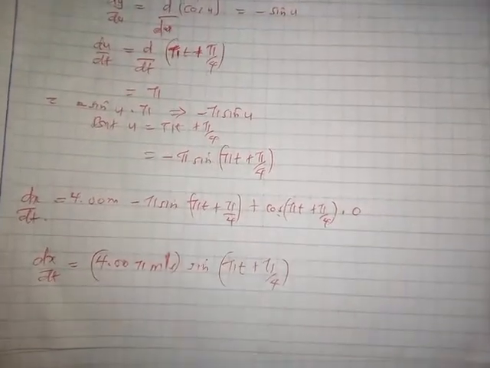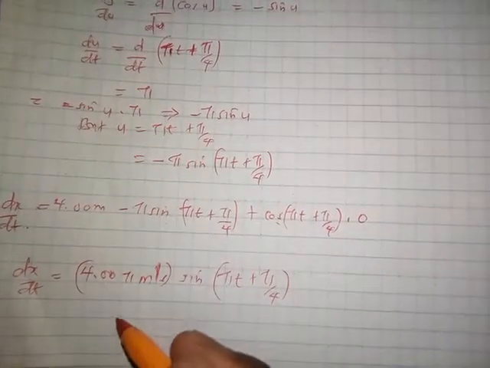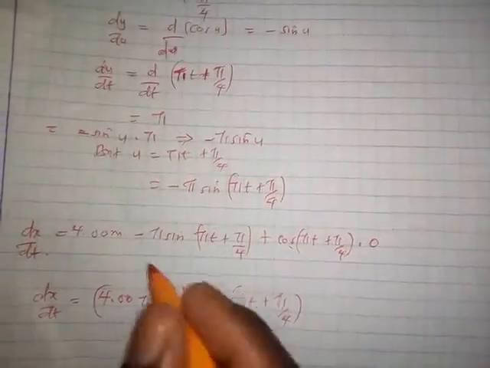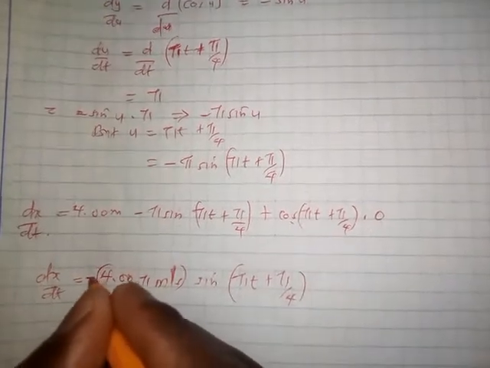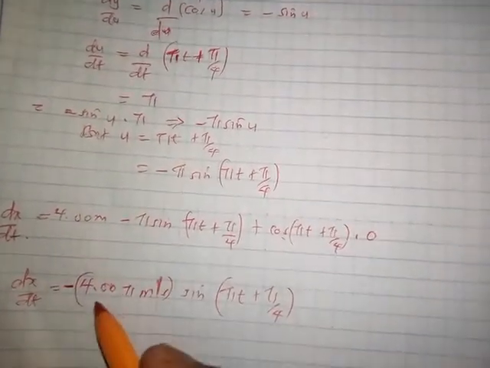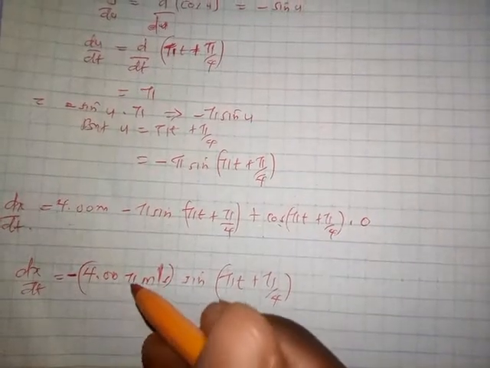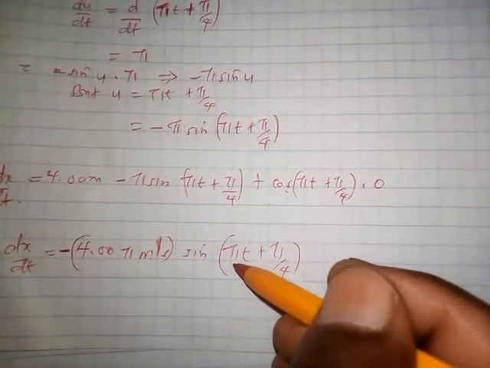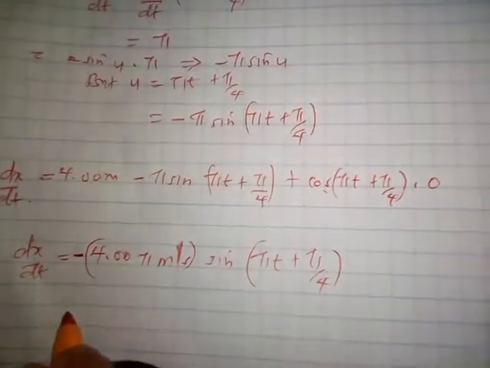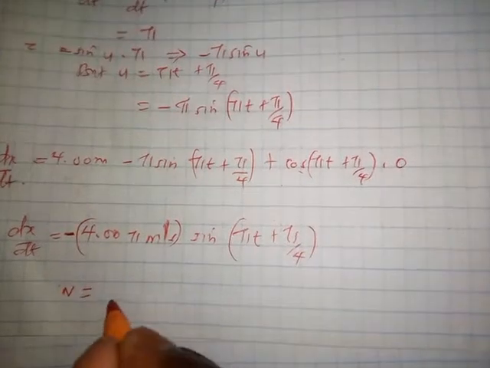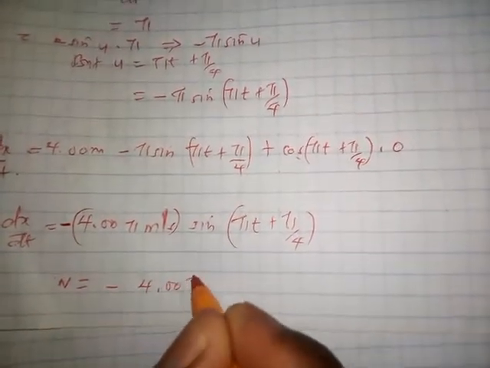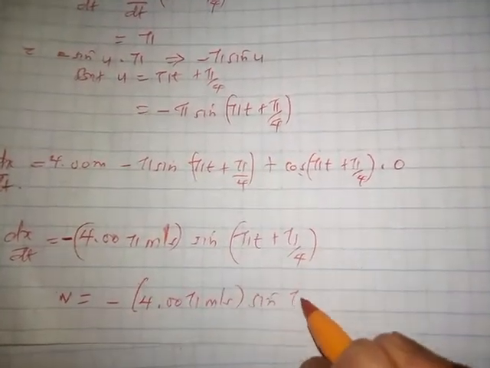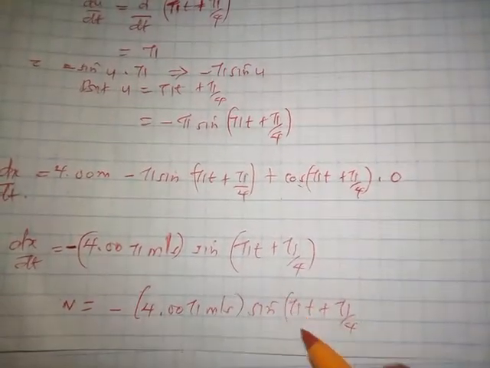Therefore, the velocity v at any time t is negative 4.00π meters per second times sin(πt + π/4).